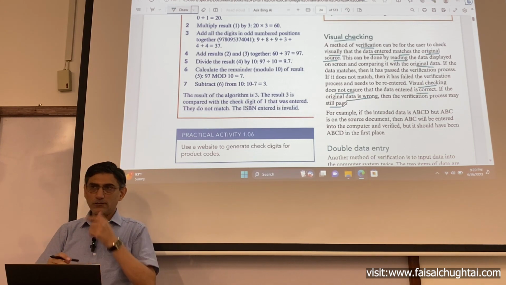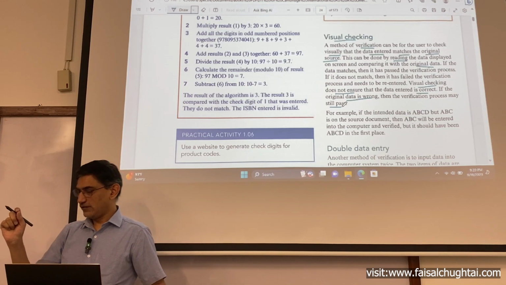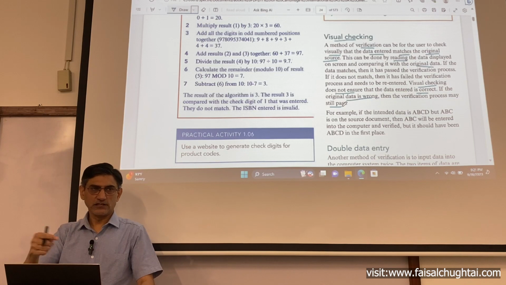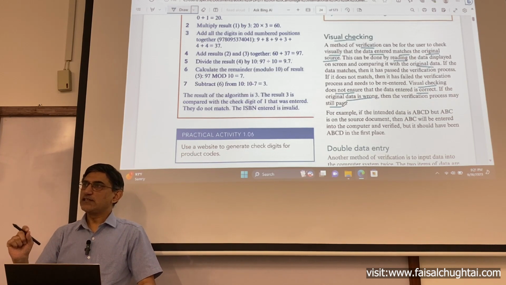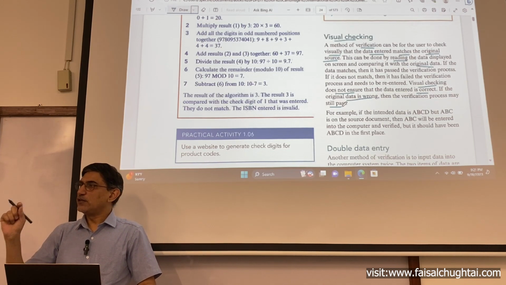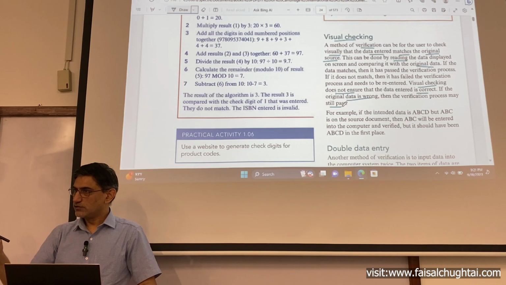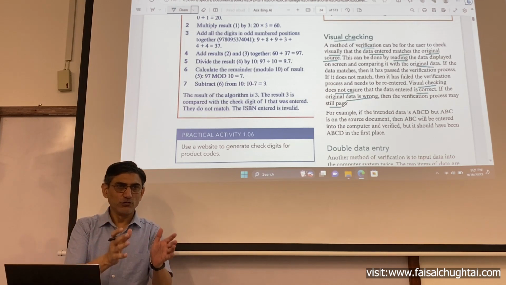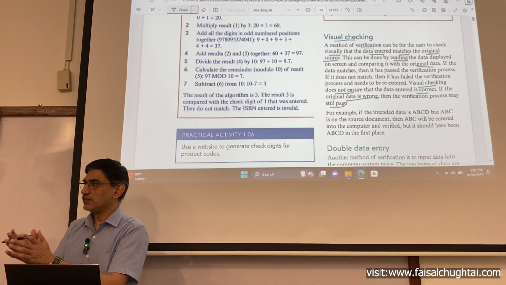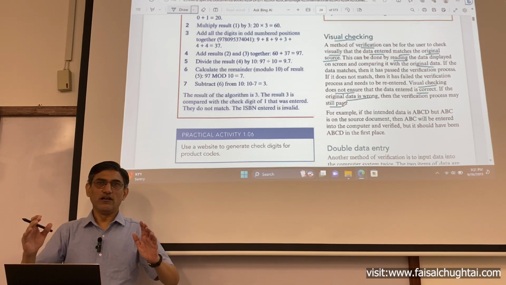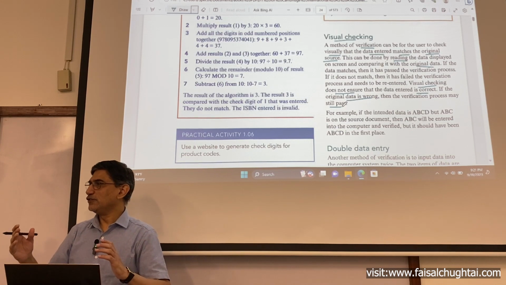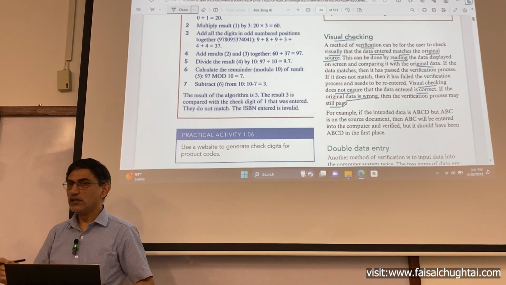So one point that I wanted to highlight in our discussion on validation as well, and it is applicable here as well, was that it's not that once you have implemented the validation rules into the computer, your job is done. It's not that if validation rules and verification processes are there, now the computer will take care of everything and you may not be on your guard at all.